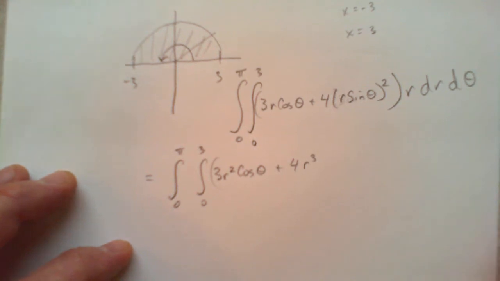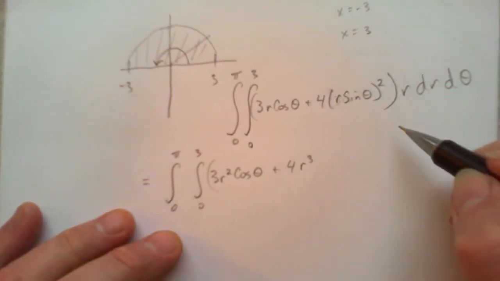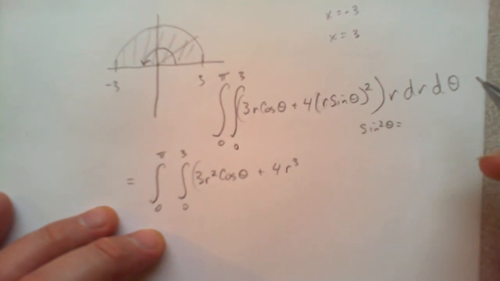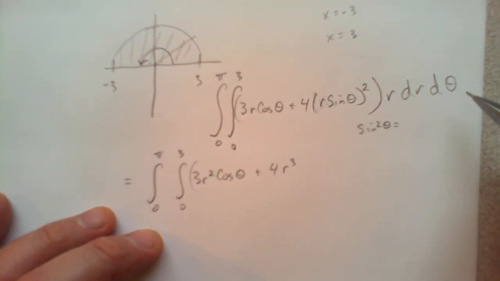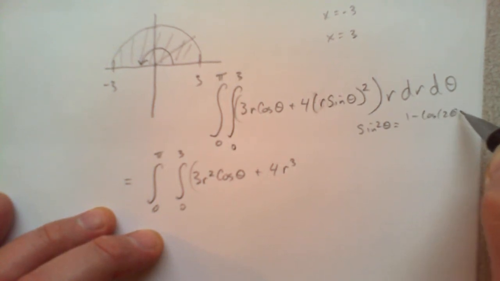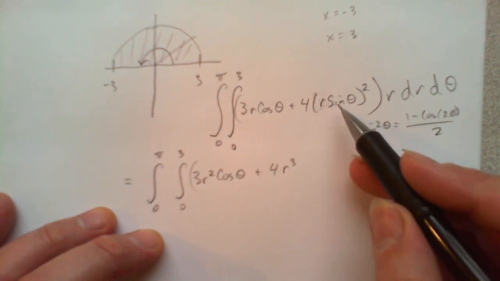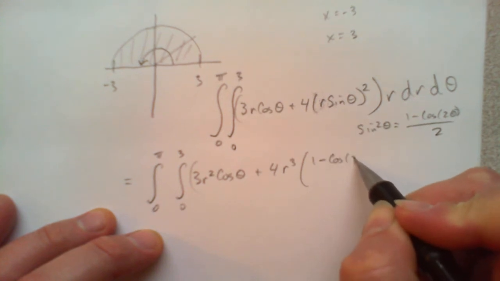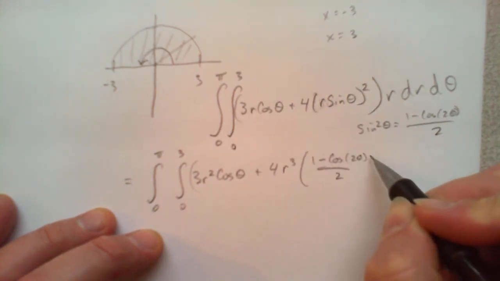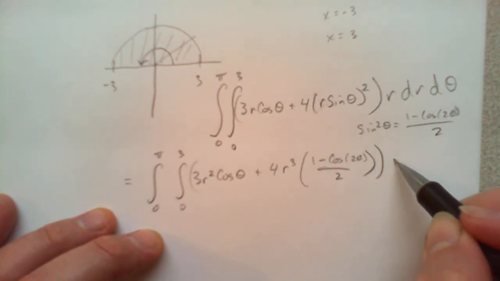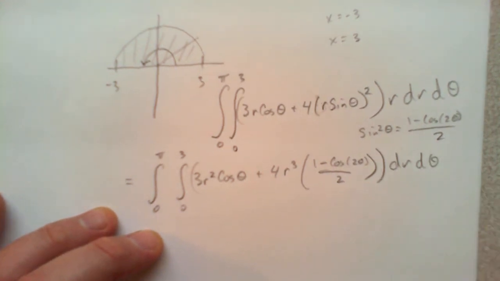And the best way to deal with something with sine squared in an integral is to use a double angle formula. So the double angle formula is 1 minus cosine of 2 theta over 2. Inserting that for the sine squared allows me to get rid of the square on there. And then now I'm at dr d theta.